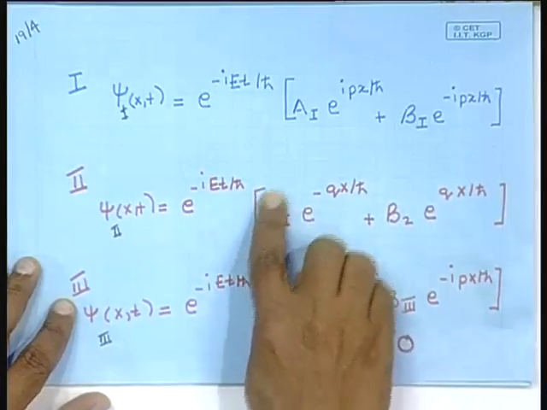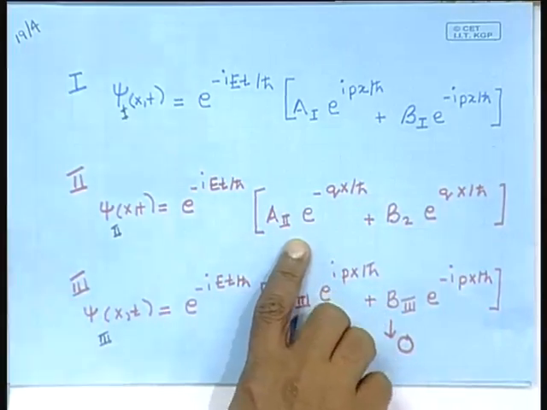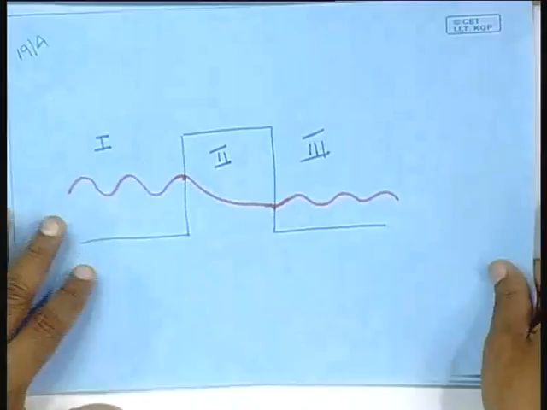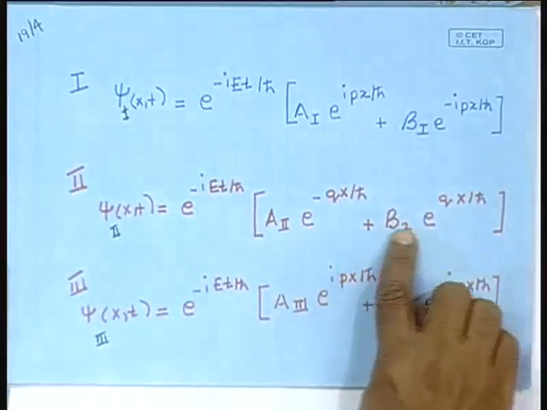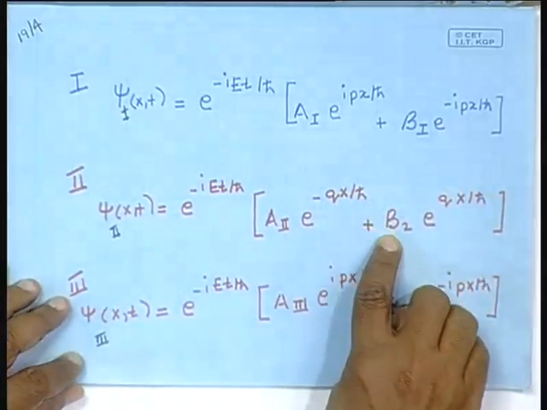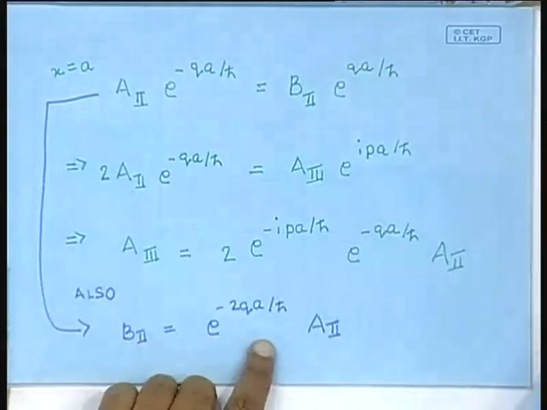So, the wave function essentially decays exponentially inside the potential barrier, which is what I have drawn here. The amplitude of the part that increases is much smaller, which is what we have seen here.